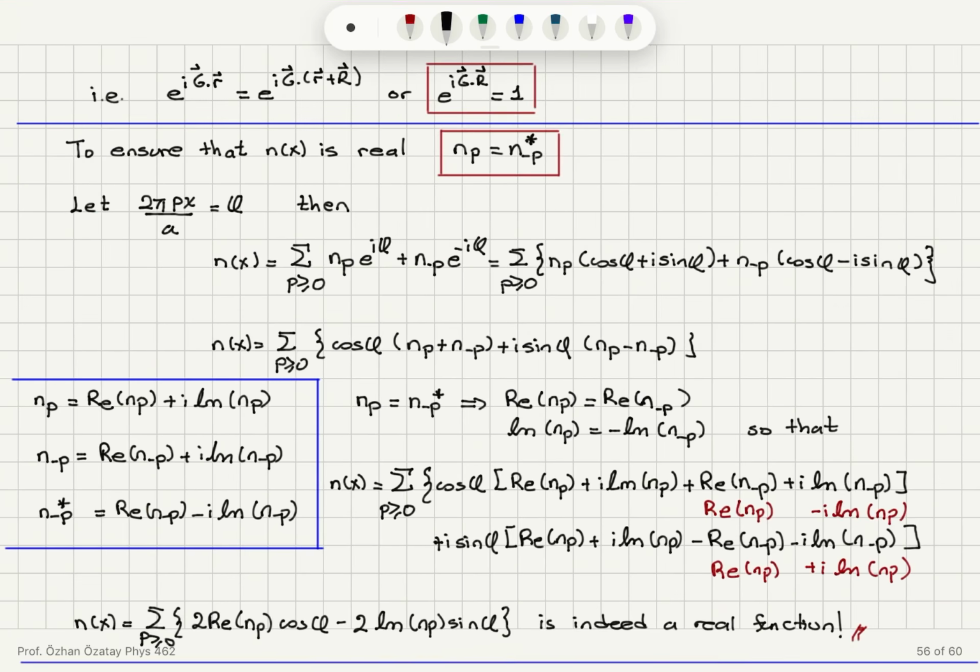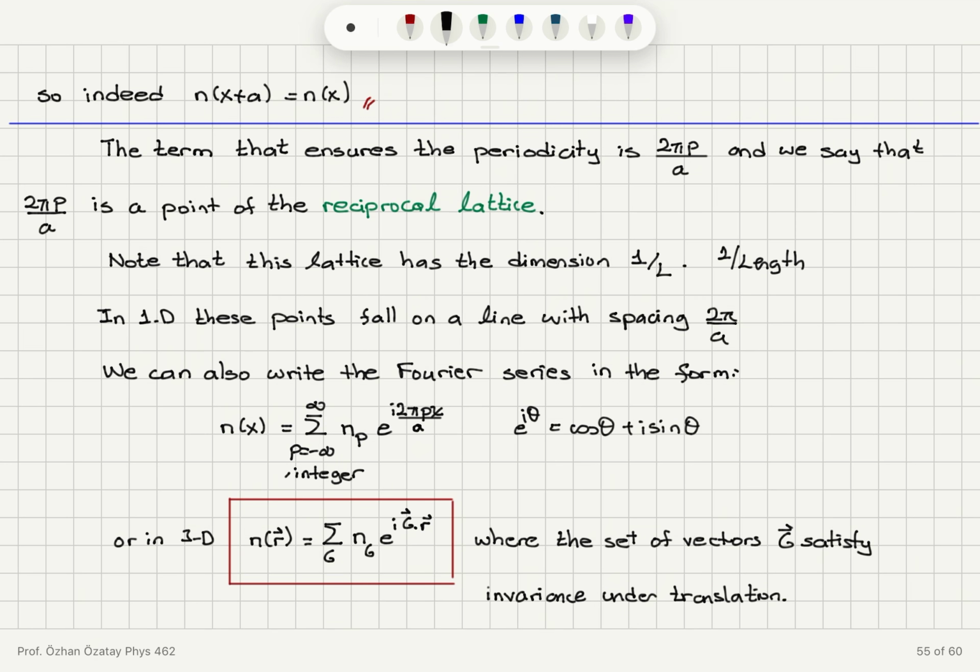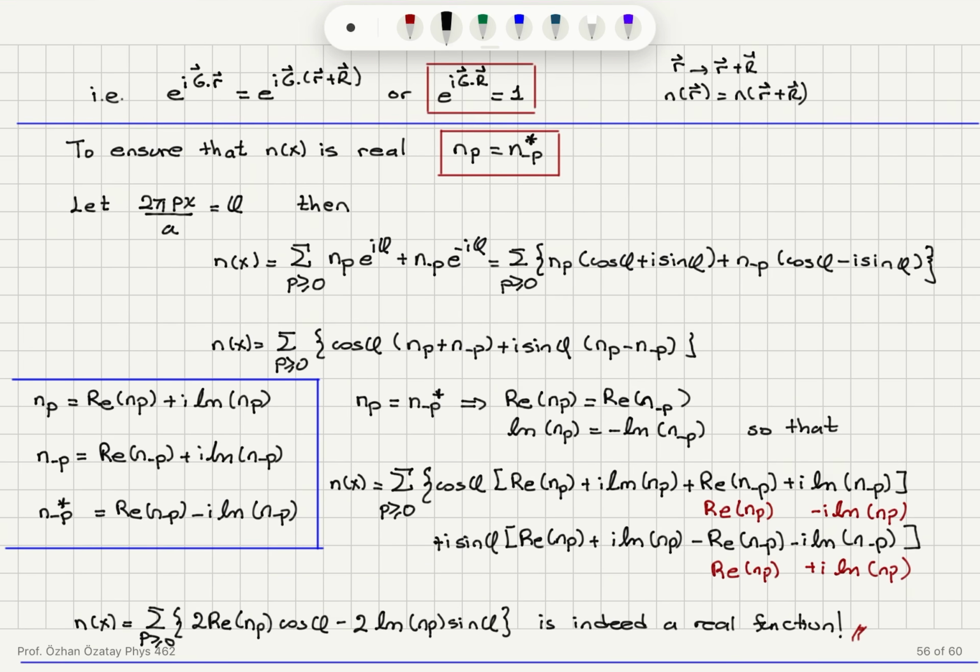For this to satisfy the Fourier condition n of r plus capital R, so if I go from the lattice point r to r plus capital R, I should have n of r equal to n of r plus capital R. Looking at this, if I substitute e to the i g dot (r plus capital R), I see that e to the i g dot r should be equal to e to the i g dot (r plus capital R). So that means e to the i g dot capital R must be equal to 1. That's basically what determines the vector g here.